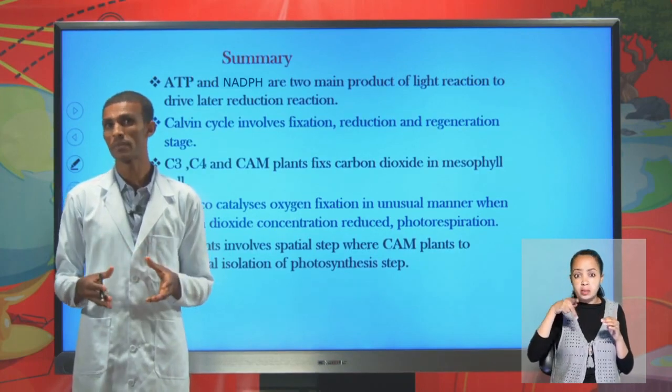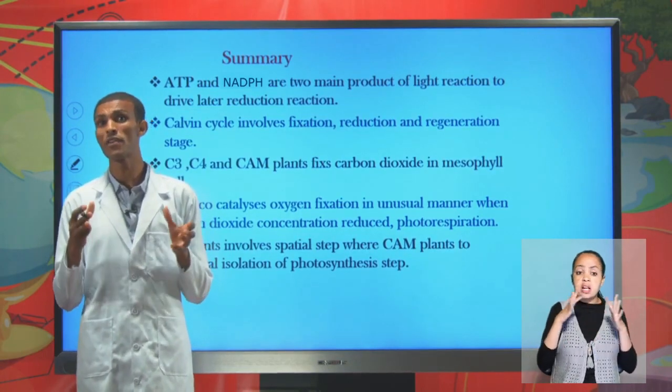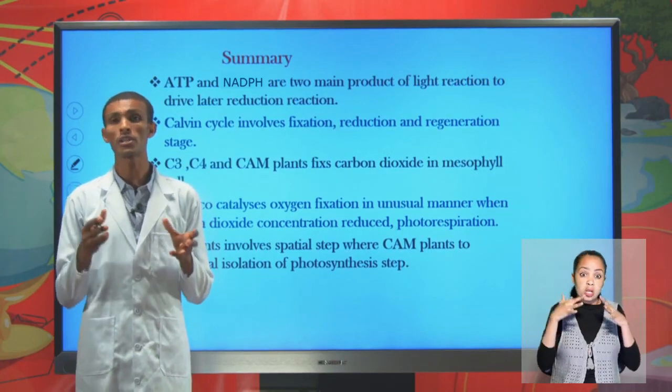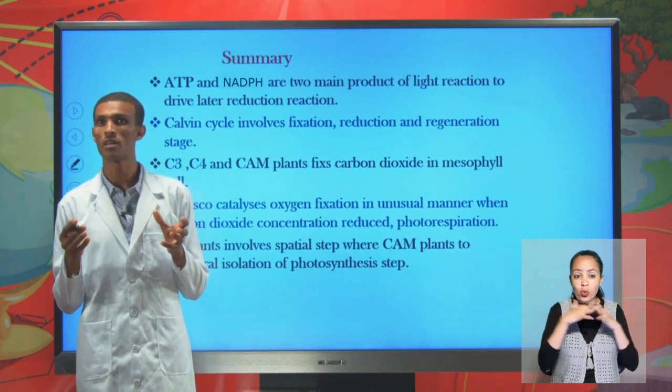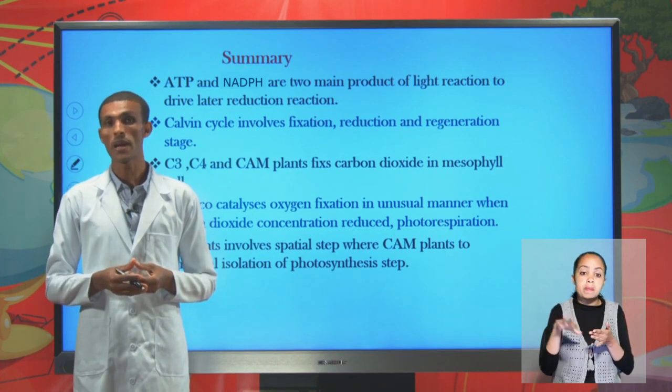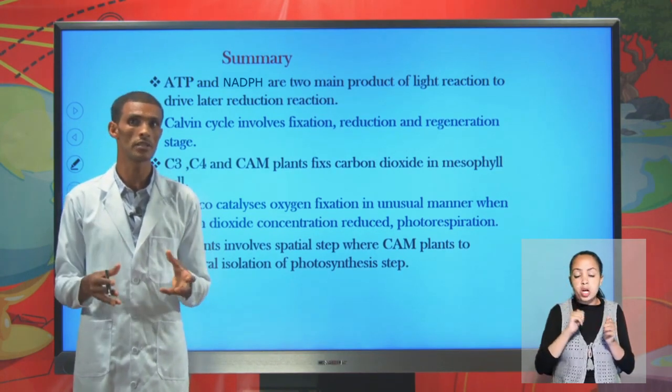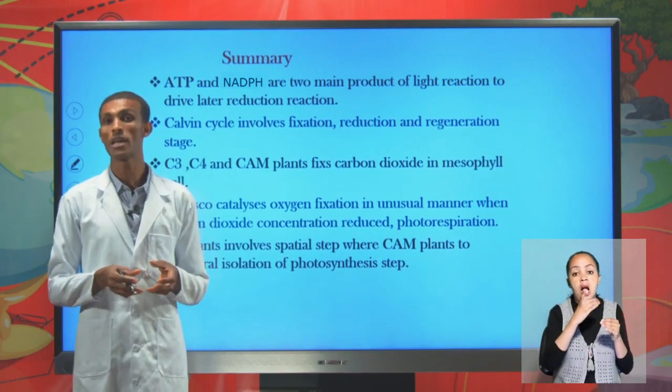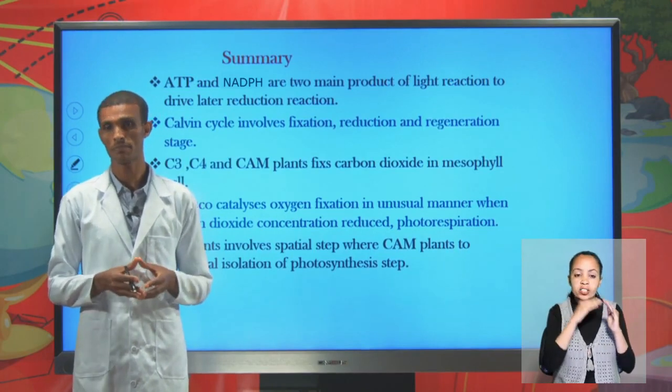We have seen again that the light independent reaction is a very important reaction in which reduction for production of sugar is present, involving 3 consecutive stages: carbon fixation, reduction, and regeneration.